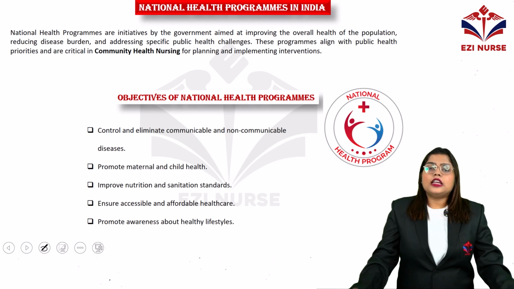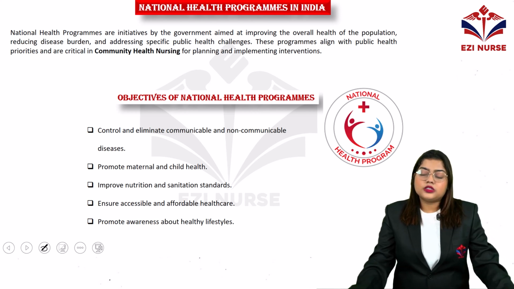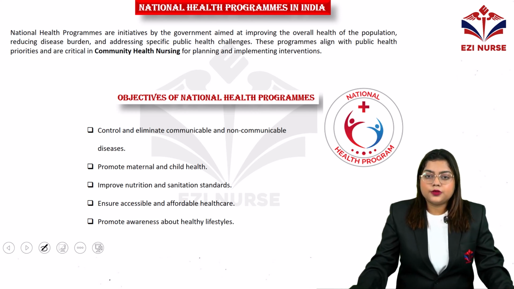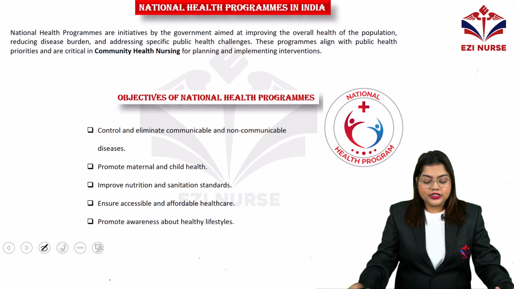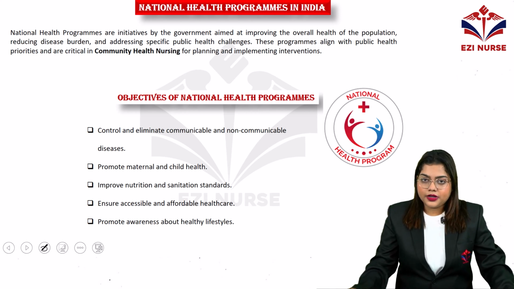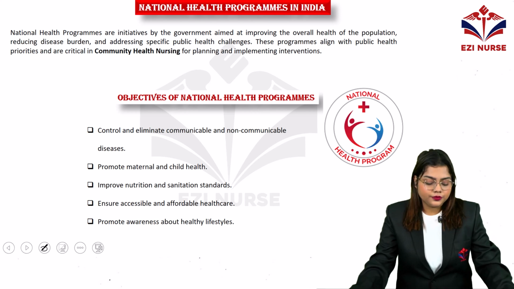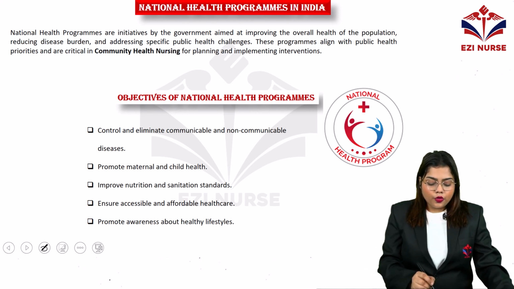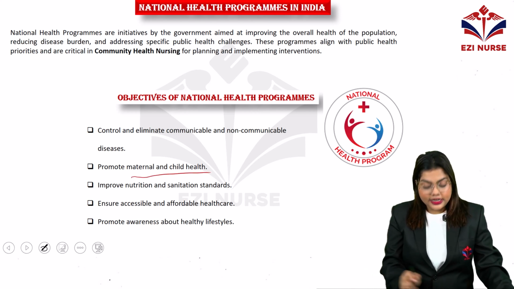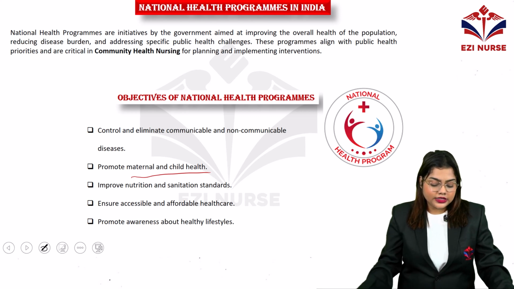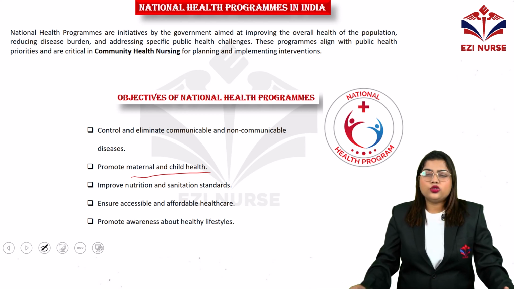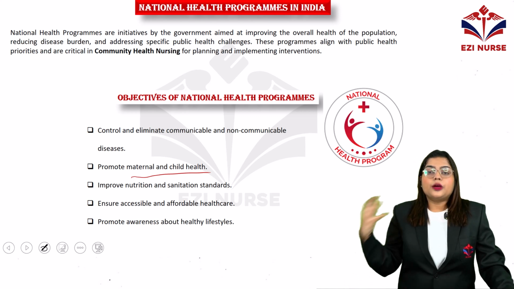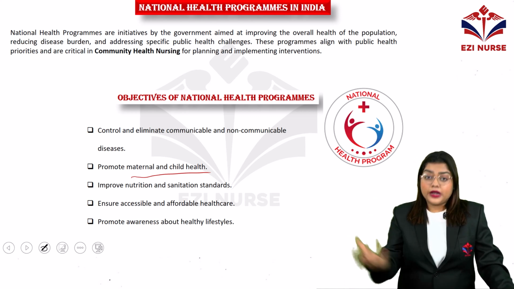So in the national health programs in India, what are the main objectives? They include controlling and eliminating communicable and non-communicable diseases as much as possible. Then promoting mental health and child health, which is very important nowadays, and improving nutrition and sanitation standards so as not to spread the disease.